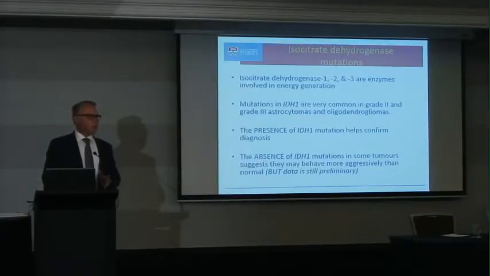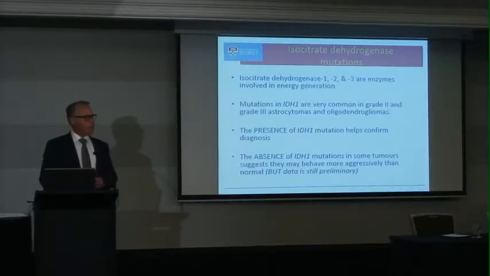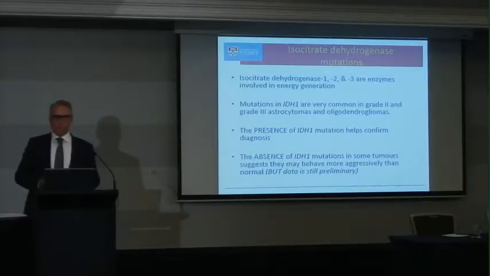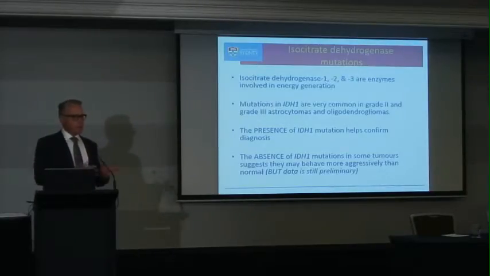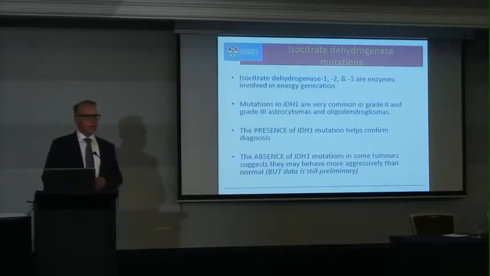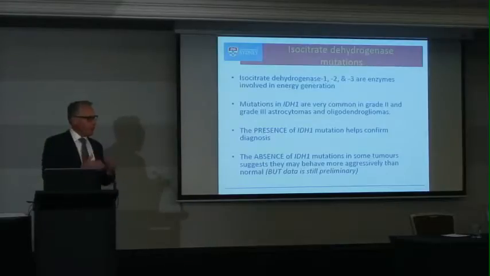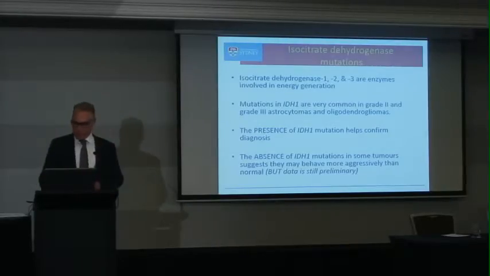So it's incredibly useful diagnostically, and it also seems to have some prognostic value in that the uncommon tumours that don't have an IDH mutation do tend to behave a little bit worse. But that data is somewhat preliminary, and people are still arguing about the exact prognostic implication of not having an IDH mutation. From my point of view as a diagnostician, I use it to help nail the diagnosis.